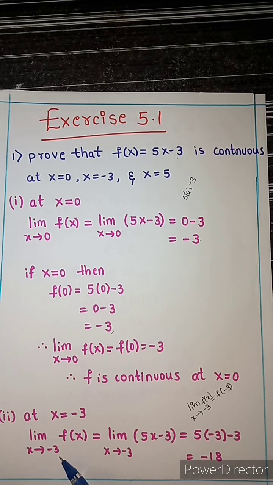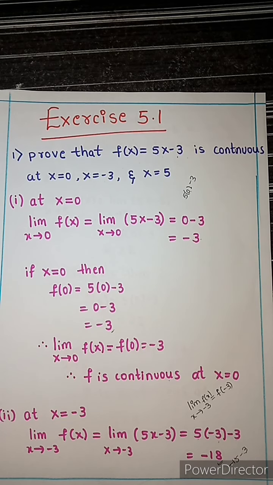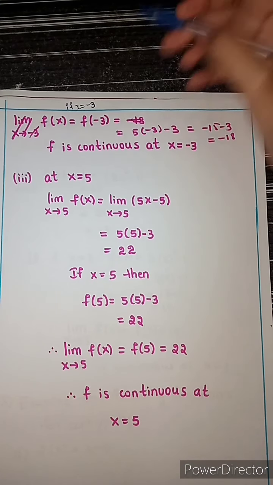Limit x tends to minus 3, f of x. Here f of x is 5x minus 3. Put minus 3. 5 into minus 3 is minus 15, minus 3. Add up. Minus 15 minus 3 is minus 18.